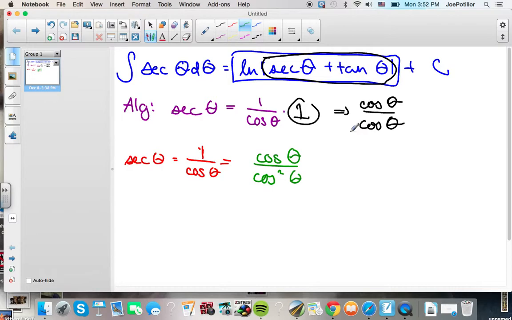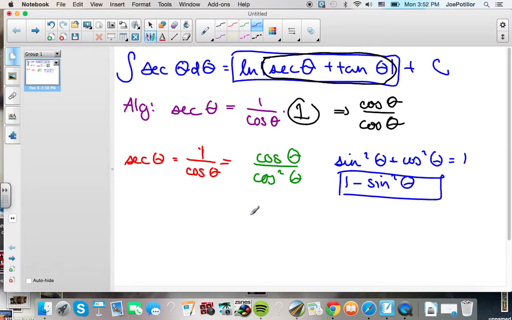From here, we can use the Pythagorean identity, which we know, of course: sine squared theta plus cosine squared of theta is 1. So we know cosine squared theta is 1 minus sine squared of theta. And so this replaces that.